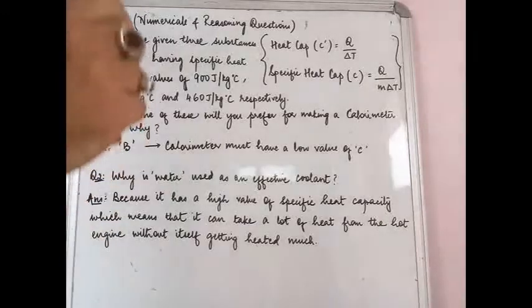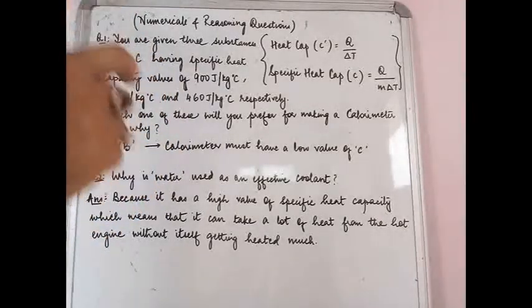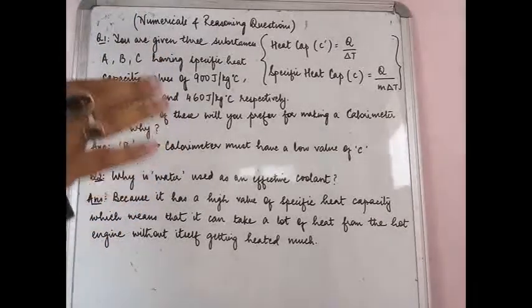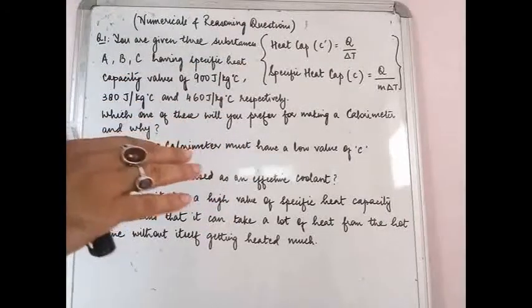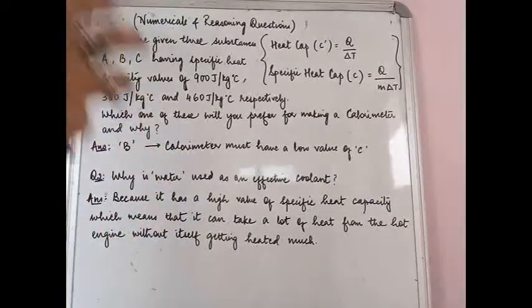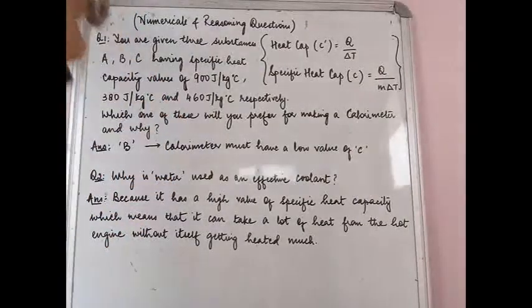Did I use the word unit mass of the substance here? No. So heat capacity of any substance is regardless of the amount, or the mass, of the substance taken.